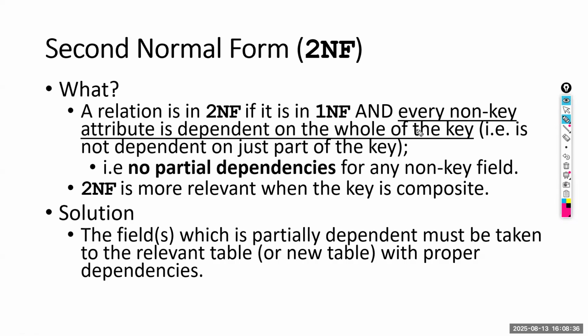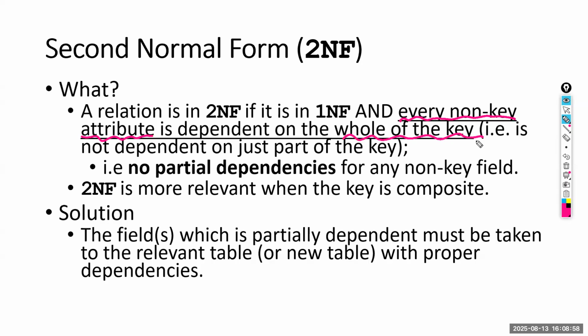That's it. This is related to functional dependency. That is why we discussed functional dependency in the last class. Every non-key attribute must depend on all of the primary key.